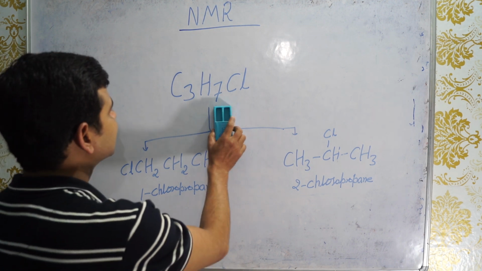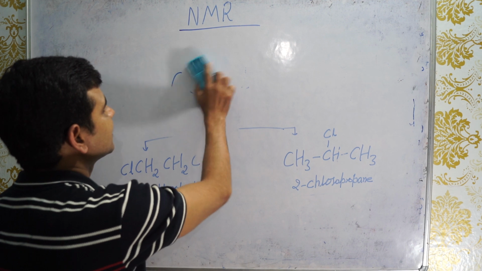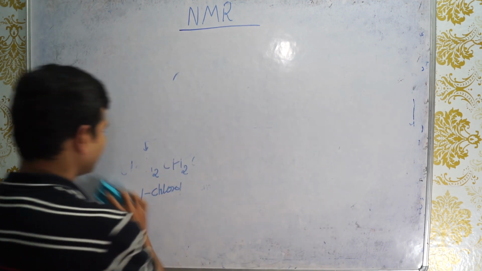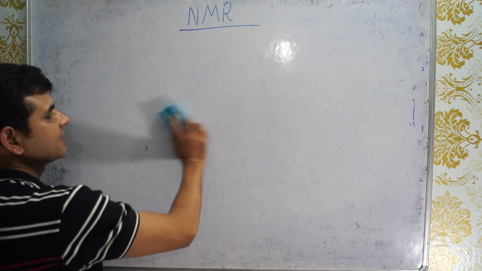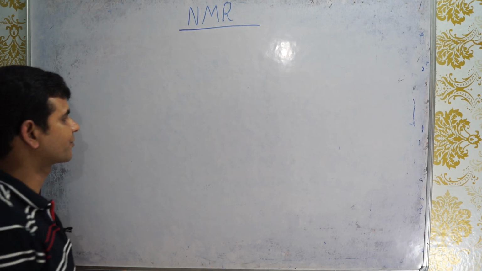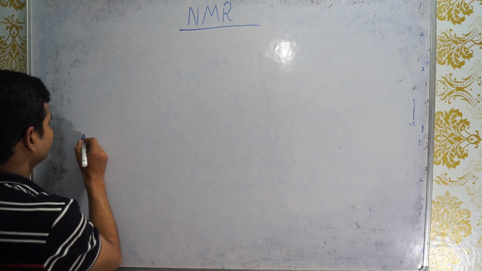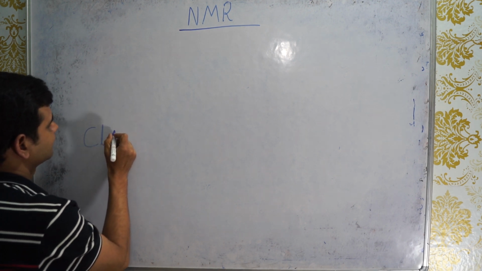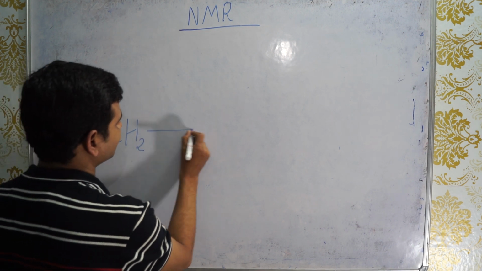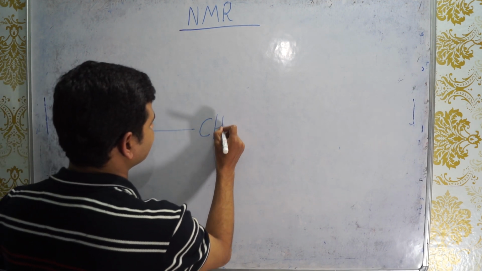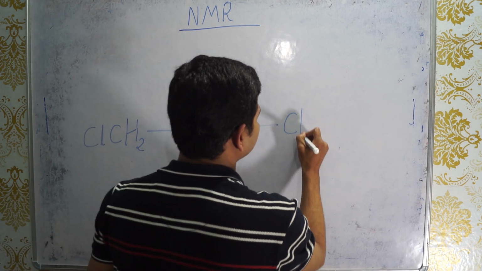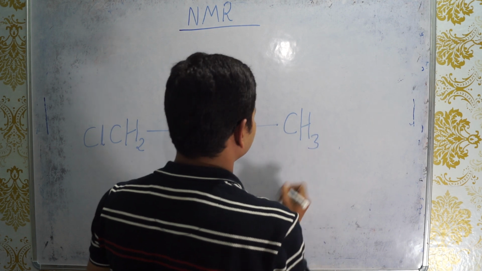we are supposing C3H7Cl is available in the form of one chloropropane, like this: Cl, CH2, CH2 and CH3.